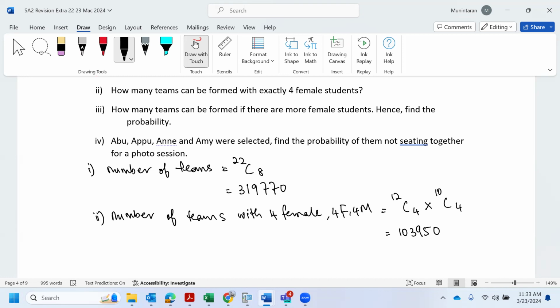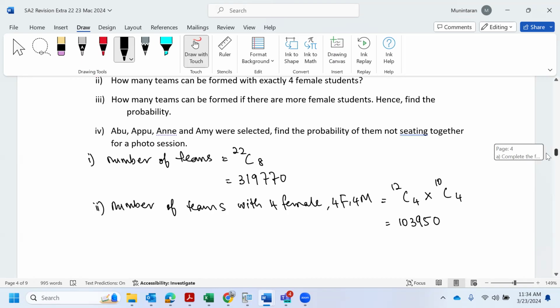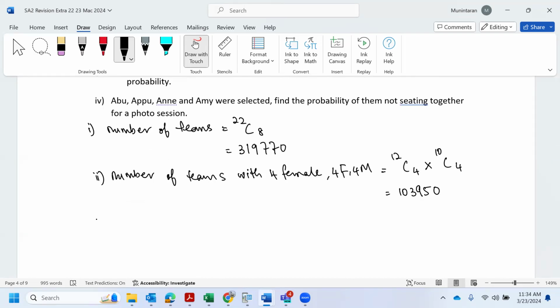The third one is how many teams can be formed if there are more female students? This is getting a bit more sticky. You want to know the number of teams with more female.